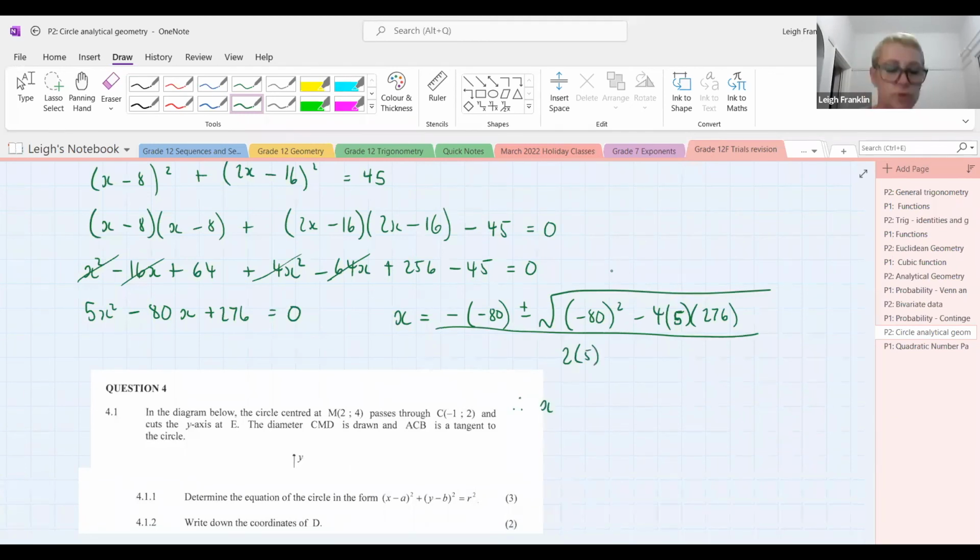And I should get 2 solutions for x. That's great. We're nearly there, guys. We've just got to work out what x is, and then we can work out what y is.